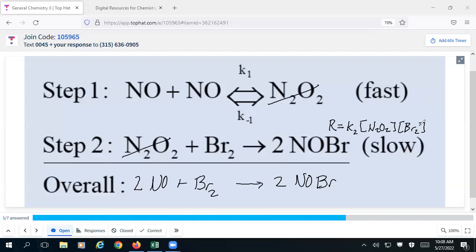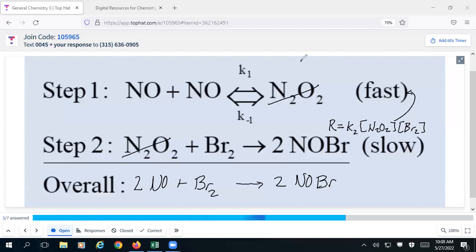Now, the problem there, of course, is that the dinitrogen dioxide, N2O2, is an intermediate. And so we would have to bring in from the previous step the way to get rid of that intermediate.